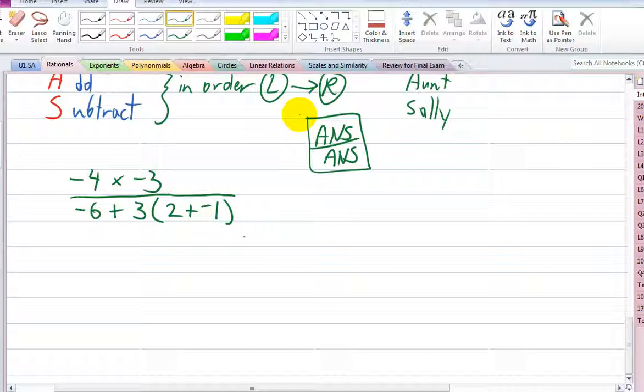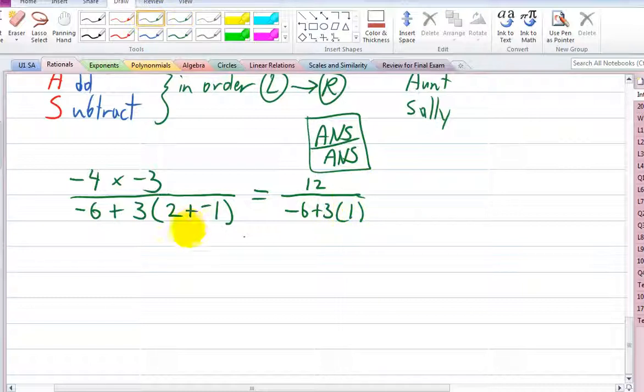Okay. So for this one, it sometimes actually is helpful to work sideways. What are you going to get on the top? 12. On the bottom, what should you do first? You should figure out your brackets. So negative 6 plus 3 times what? 1. Okay.